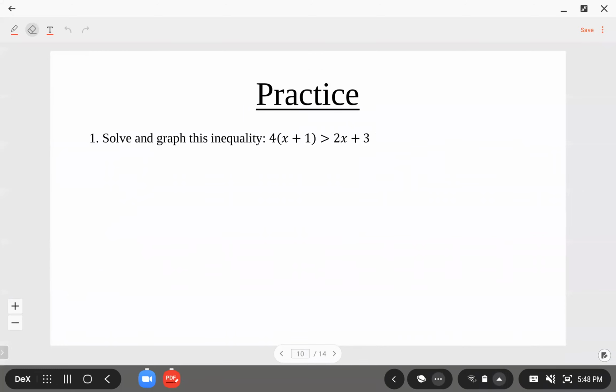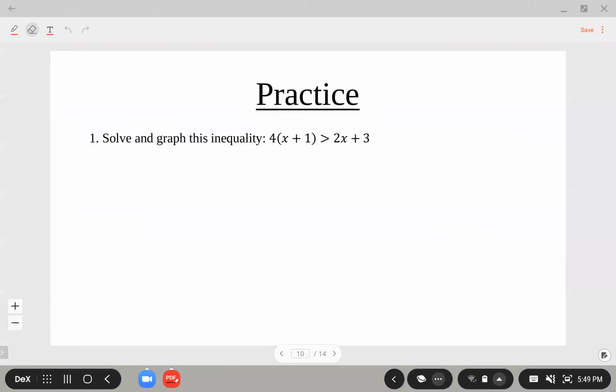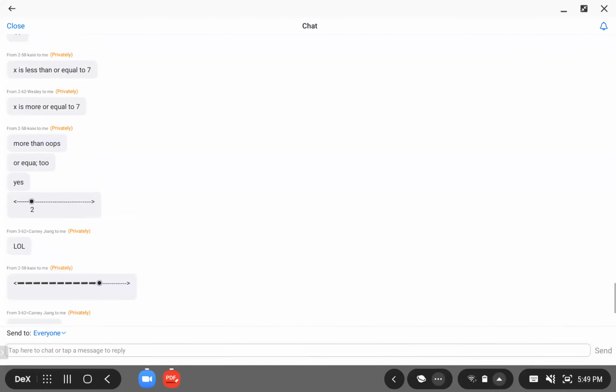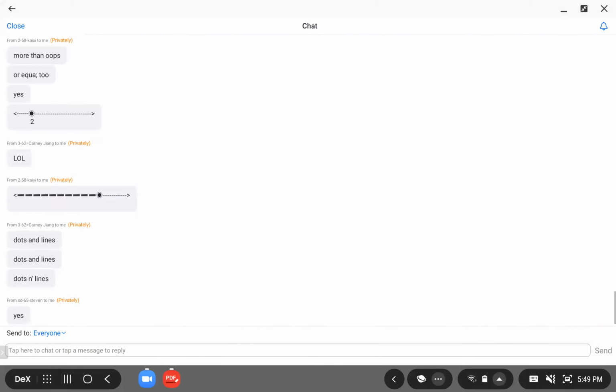Now let's do some practice problems. We still have 17 more minutes, so this should be enough time. Please solve and graph this inequality. I think Kaixi was the one. I don't know how you managed it, but you did graph a good line.